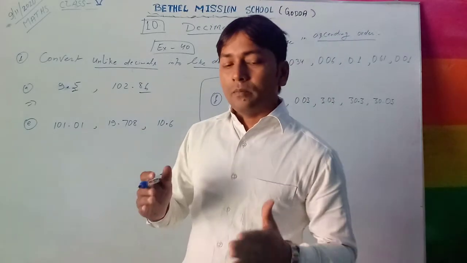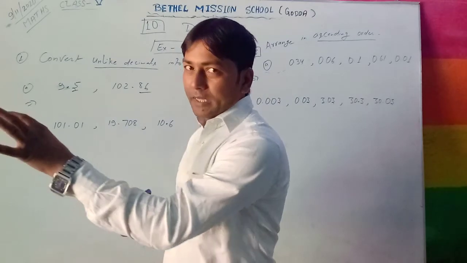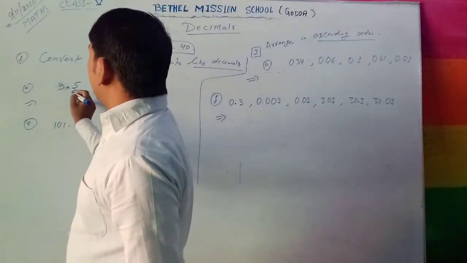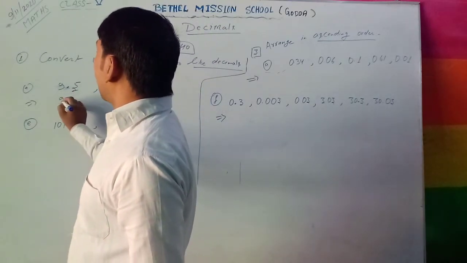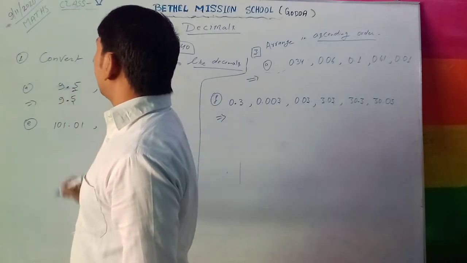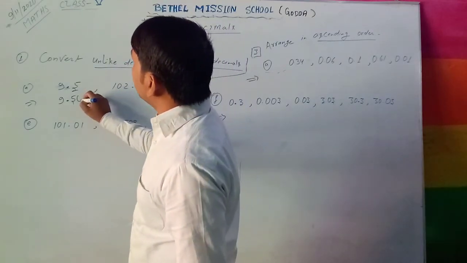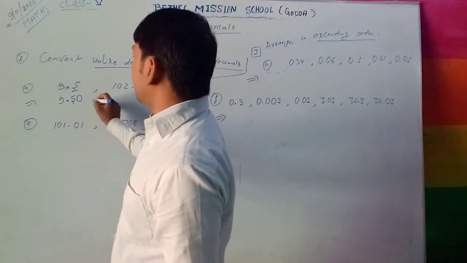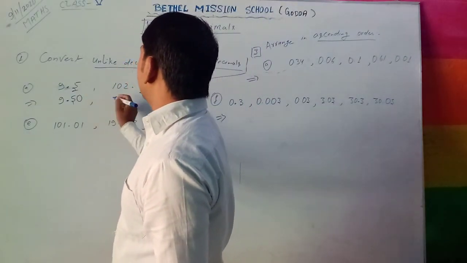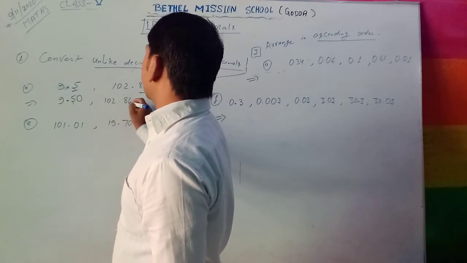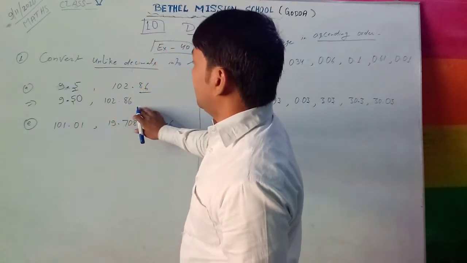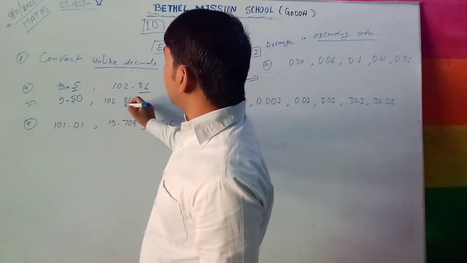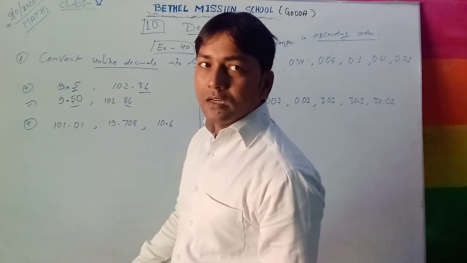It means from smaller we can go to bigger, but from bigger we can't go to smaller. So if we put a 0 after 9.5, it becomes 2 decimal places, and the other is 102.86. So these two become like decimals, because the decimal places are equal.